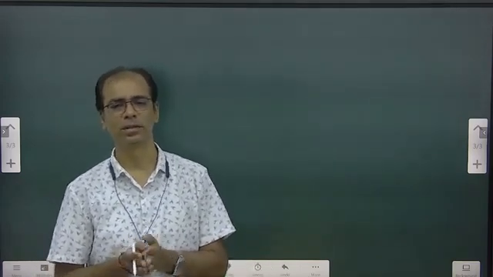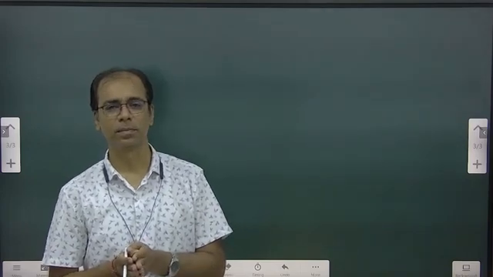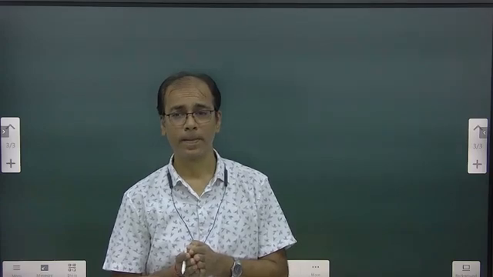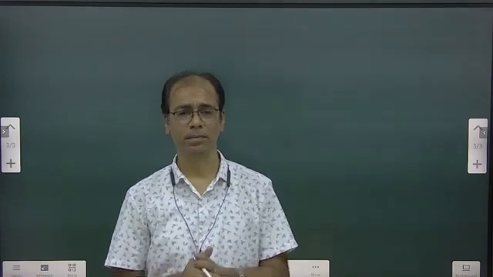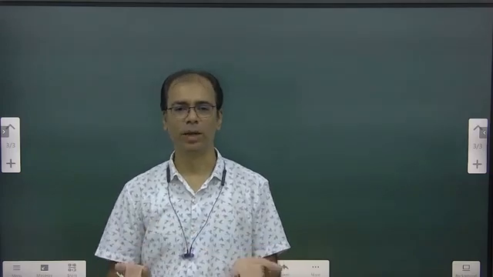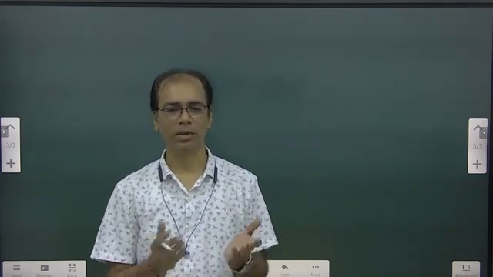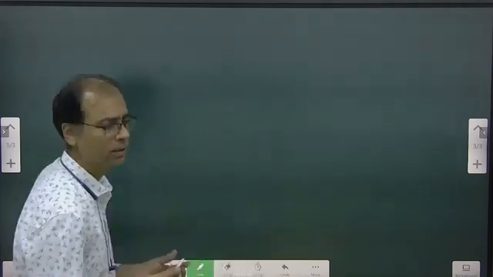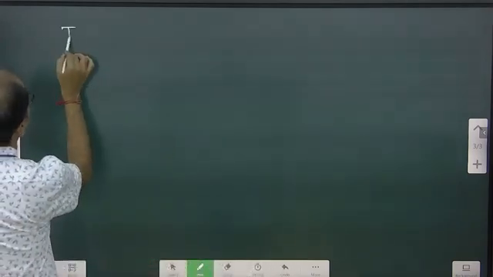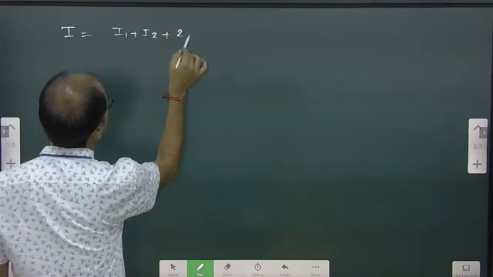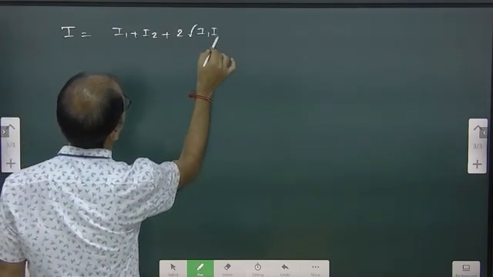Yes, students. The same we did in wave. Two waves are interfering. What is going to happen? Intensity will change depending on the phase. Same formula that we have discussed. Resultant intensity is I1 plus I2 plus 2 root over I1 I2 cos phi.